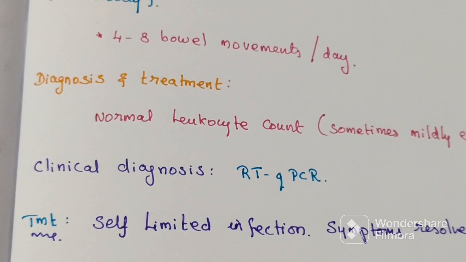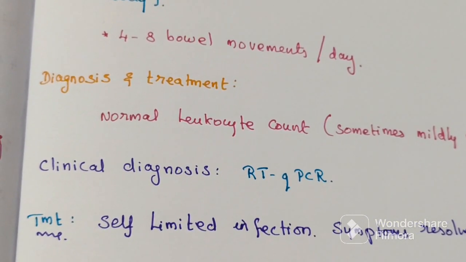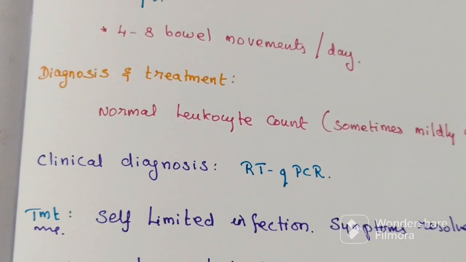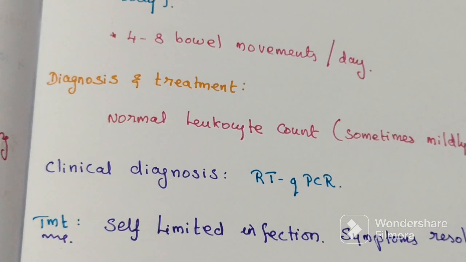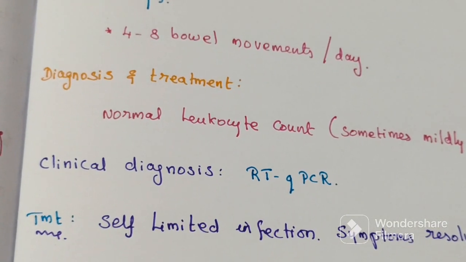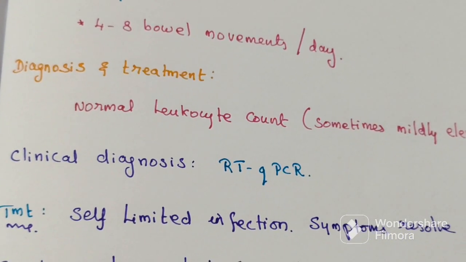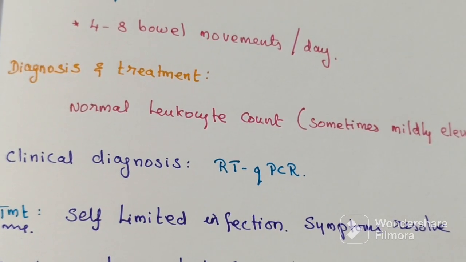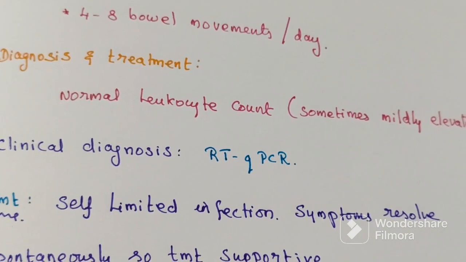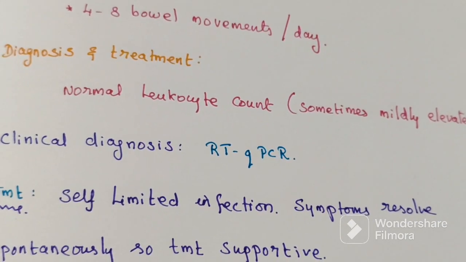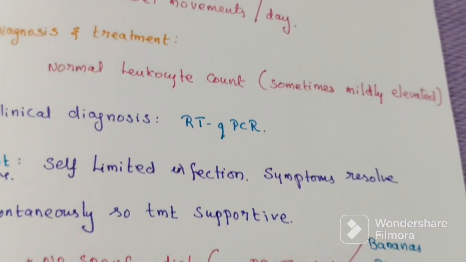We see a patient with the symptoms we talked about, with more vomiting than diarrhea, so it is more likely norovirus causing gastroenteritis, and the symptoms resolve in 42 to 72 hours.